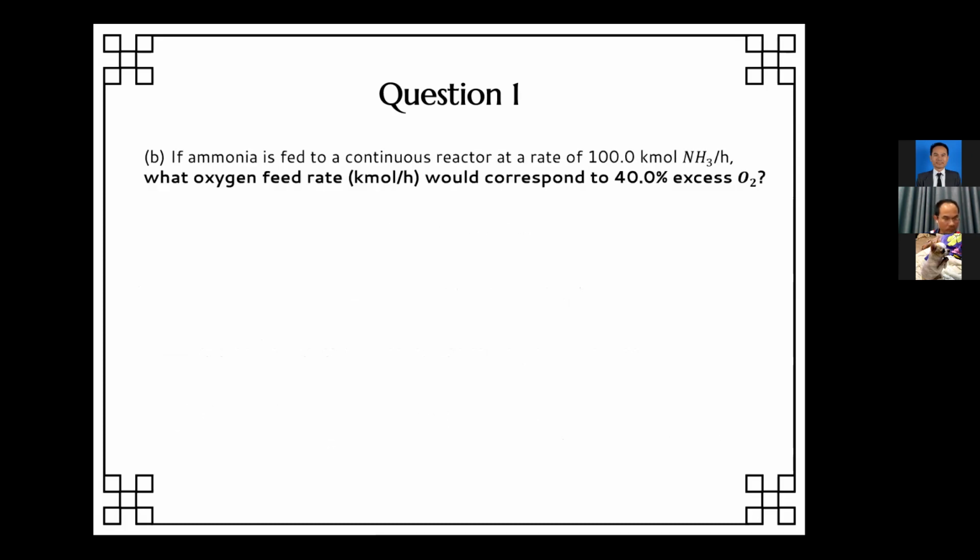And question B, if ammonia is sent to a continuous reactor at the rate of 100 kmol of ammonia per hour, what oxygen feed rate in kmol per hour would correspond to 40% excess oxygen? At first, we have to find the amount of oxygen that we need to react with 100 kmol of ammonia.